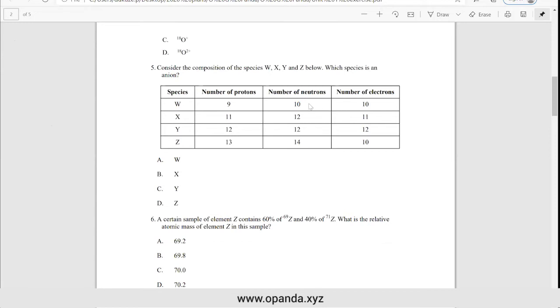Remember the characteristics of anions and cations. So you will consider the number of subatomic particles we have here, and choose from W, X, Y, or Z the particle which is an anion, which has a negative charge. You have 30 seconds to think about the right answer.